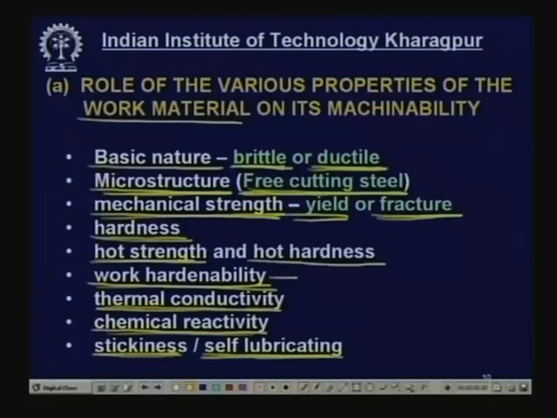For example, free cutting steel, and grey cast iron, where the graphite present in the form of flakes functions as a solid lubricant between the chip and the tool. So, this is how the material of the workpiece can help in improving the machinability of the material.